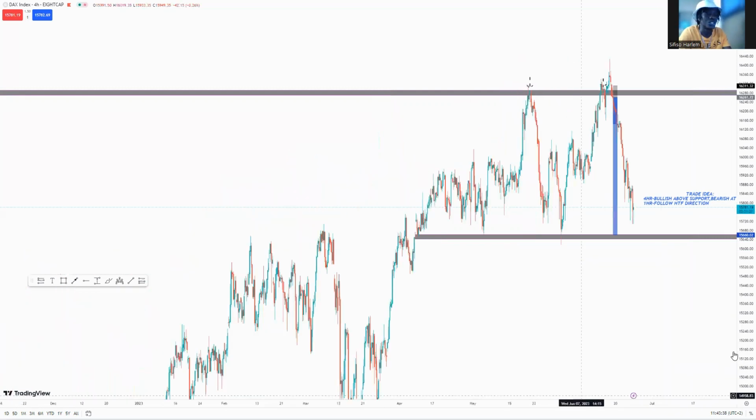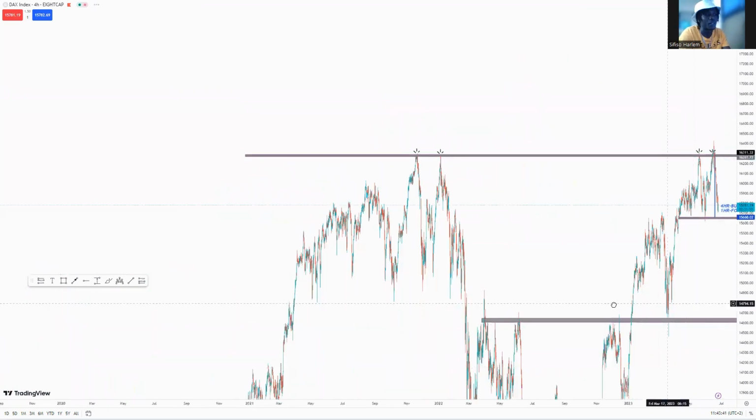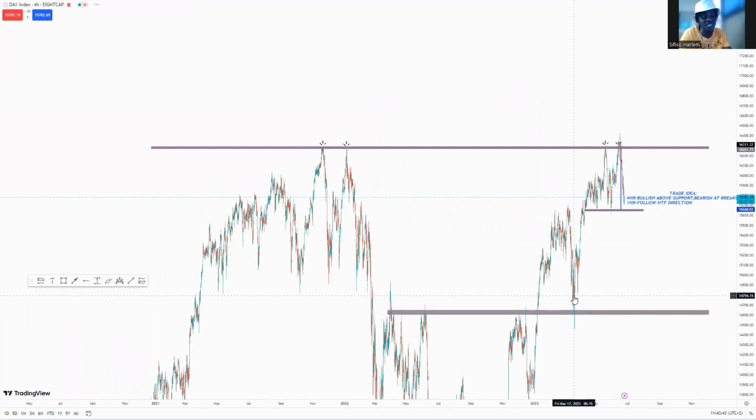So US 30, German 30, from the previous week, not this week, not last week, but the week before last week. We did share in our outlook that price closed above our major resistance. In some terms, price created a new all-time high, right?